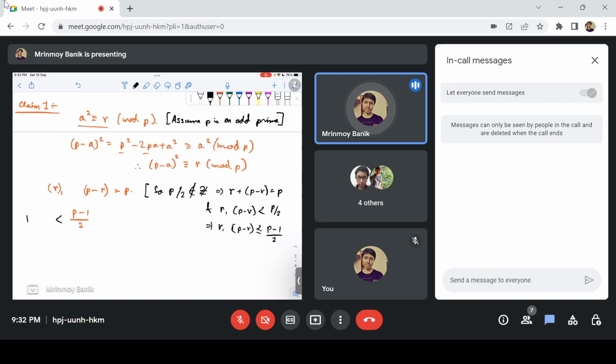So we have shown r or p minus r is less than or equal to p minus 1 by 2. Okay, so let me make that clear. So r or p minus r. If both of them are greater than p minus 1 by 2 at the same time, that will make the whole sum greater than p. Right.